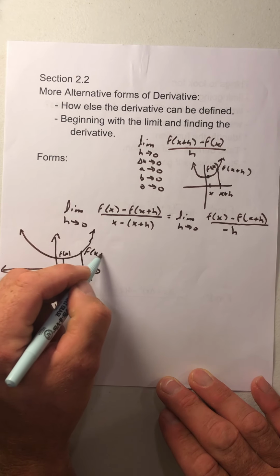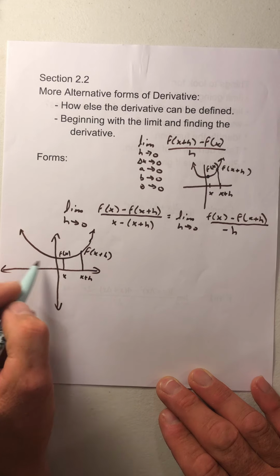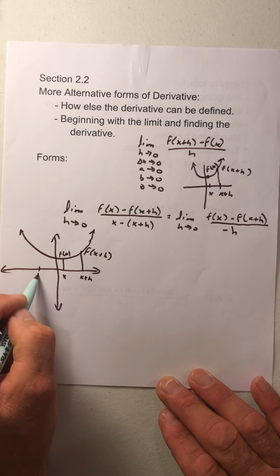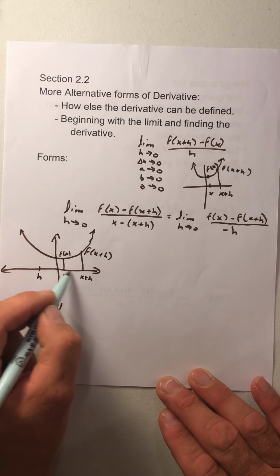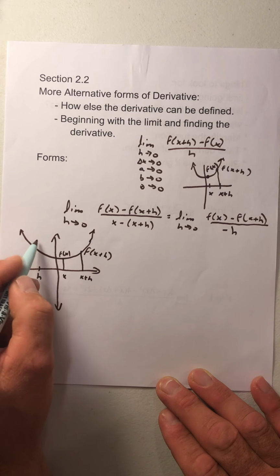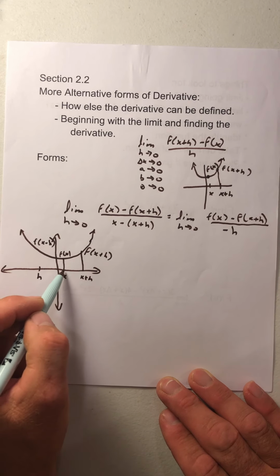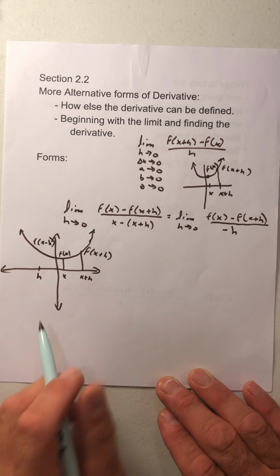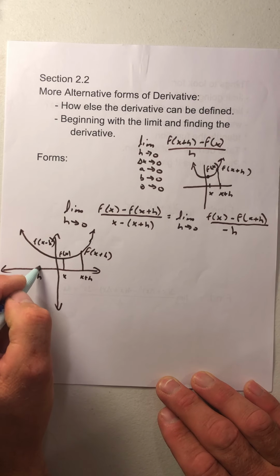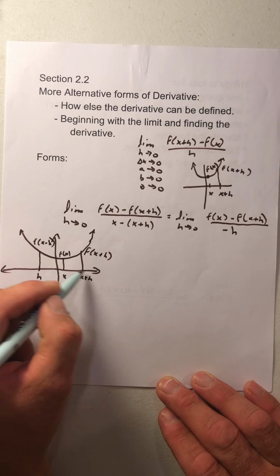And here we have f of x plus h. But over here, we took an h value as well. That would be the same distance, wouldn't it? And I came up here. This would be f of x minus h. Notice we're now going in the negative direction, so we're subtracting that value off. So this would be the same distance here.